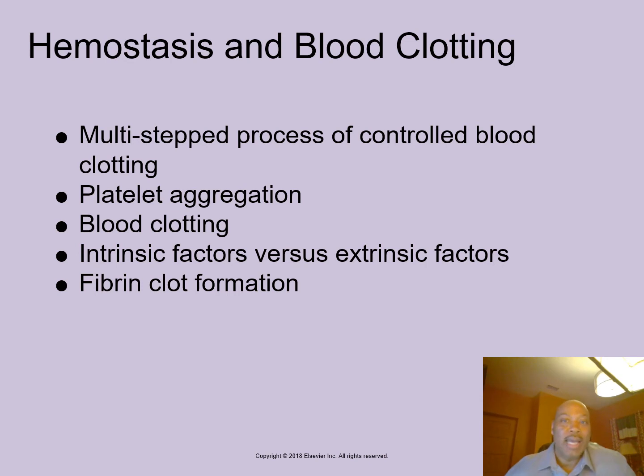Of course, at each step, the activated enzyme from the previous step activates the next enzyme. So it is a step-by-step process. As one enzyme is activated, it helps to activate the next step in that sequence or clotting process, until again we get a fibrin clot.